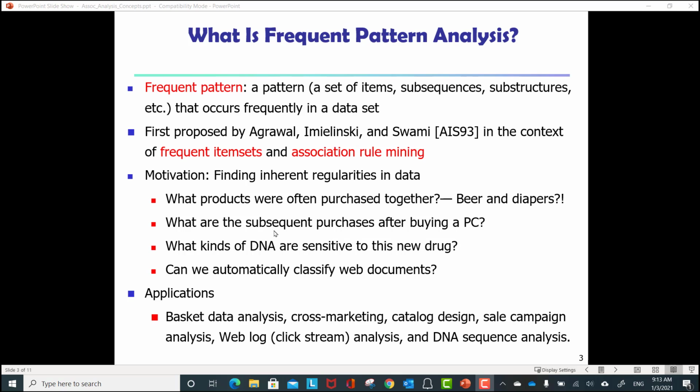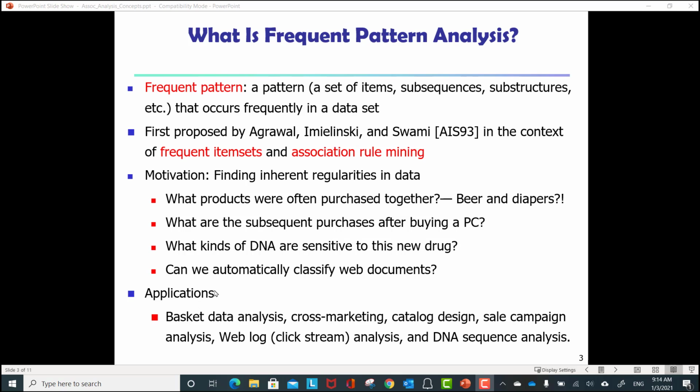Okay, what are the subsequent purchases after buying a PC? I'm sure they want to buy some things like printers, the mouse, things like that. And what kinds of DNA are sensitive to this new drug? Can we automatically classify web documents? These things are becoming a very hot issue these days, at least in the USA.